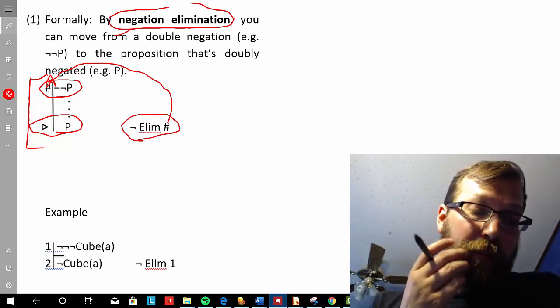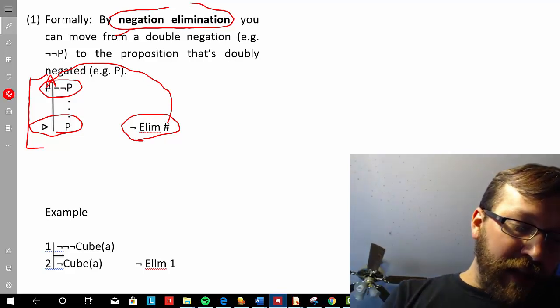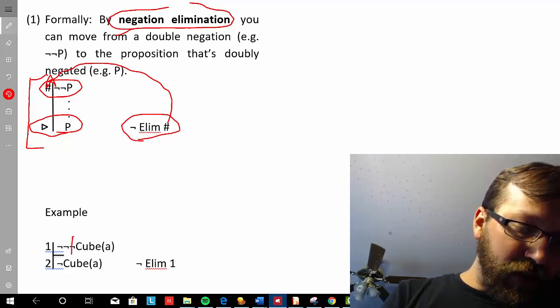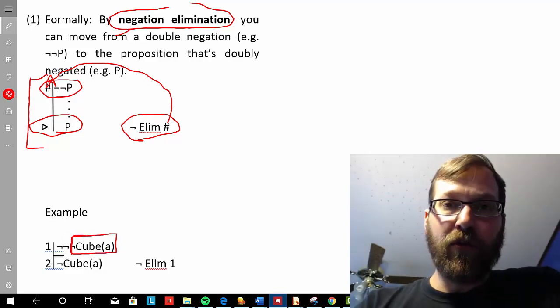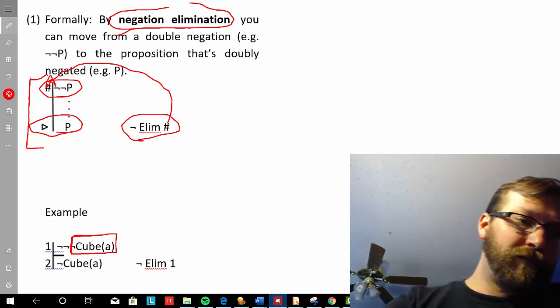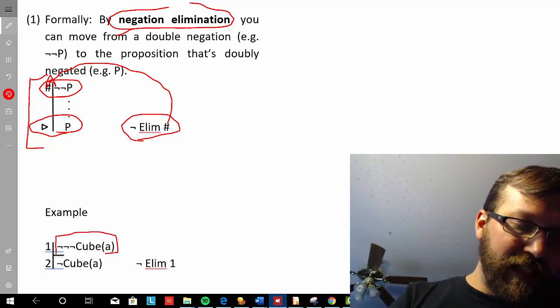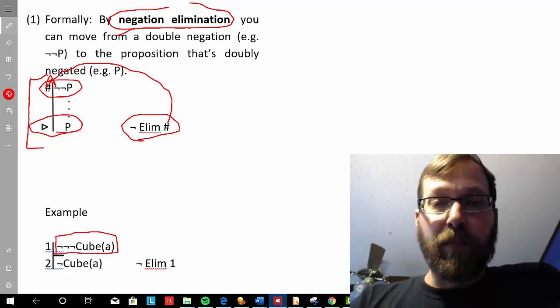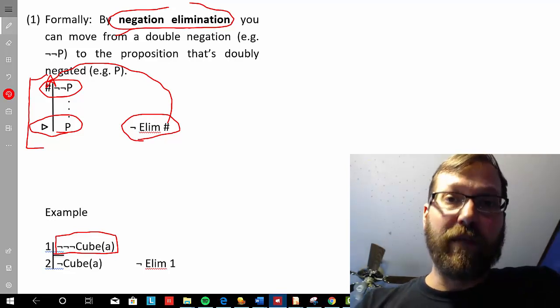I specifically wanted our premise to have 3 negations. And since it has 3 negations, notice that this negation, not the case A is a cube, is being doubly negated. So it might not be obvious, but this is in fact a double negation. It's just a double negation of a negation.